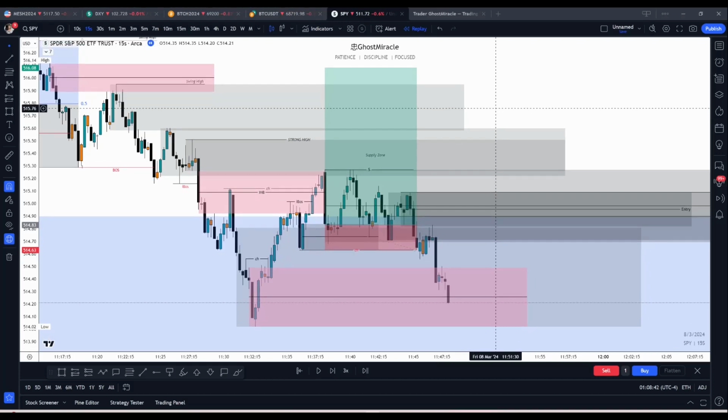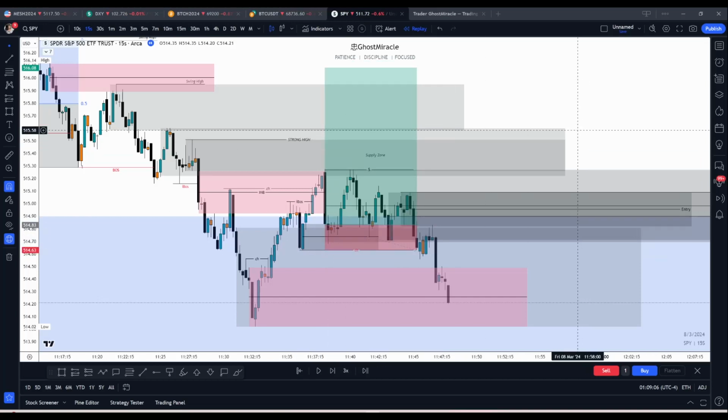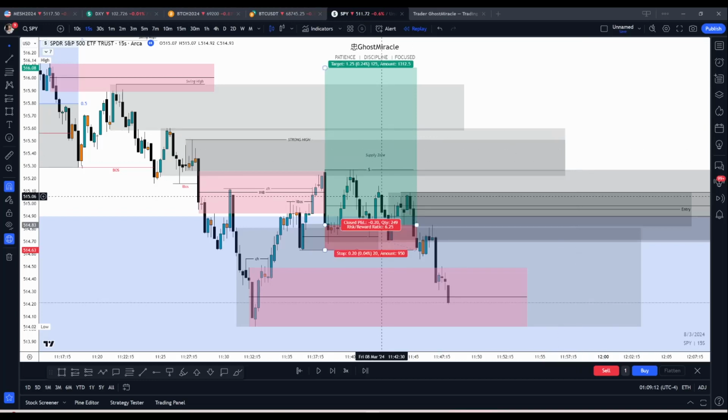Or depending on how large I entered, I would just leave my stop loss here because liquidity did form. So I would kind of expect price to go back up. What I would do is, I already took a partial, but depending on how much my loss would be if I maintain my stop loss. Say my partial was 50 bucks, and my initial stop loss was 50 bucks.